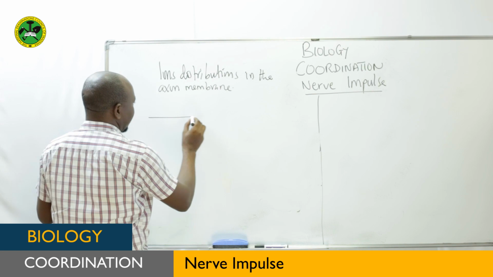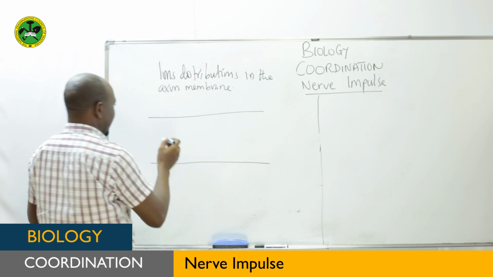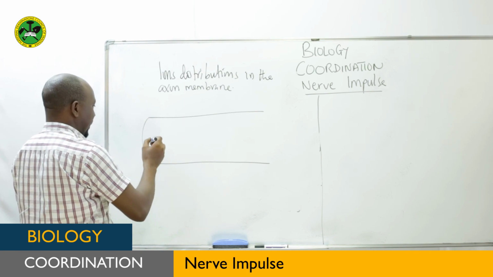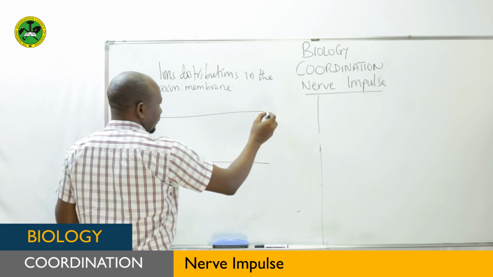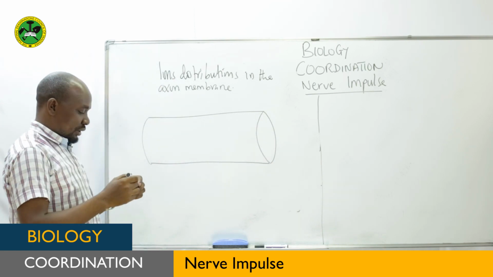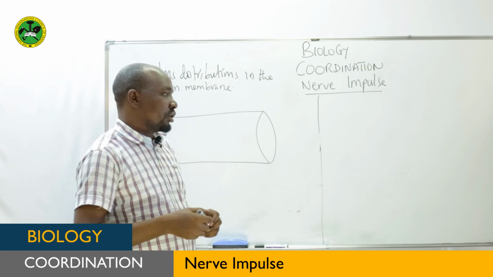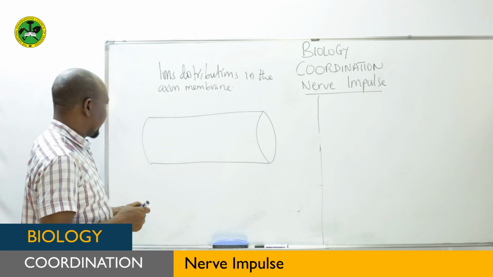The axon is a part of the neuron which is characterized by electrochemical potential.